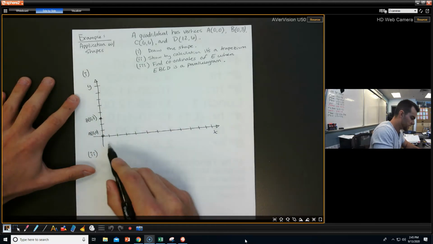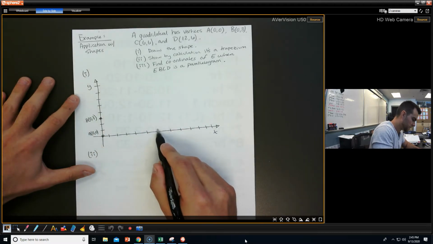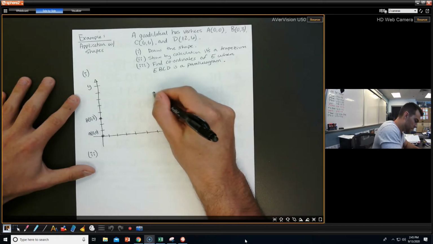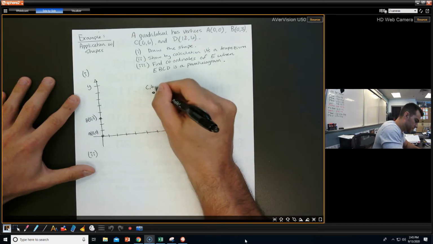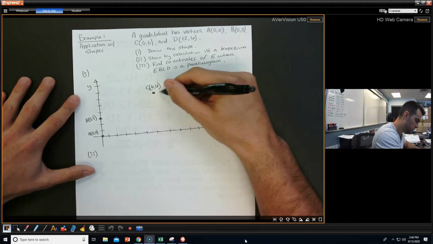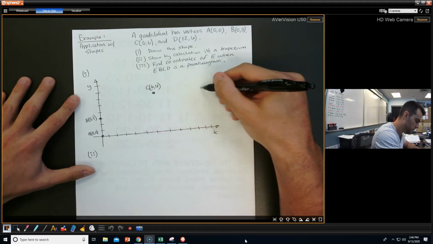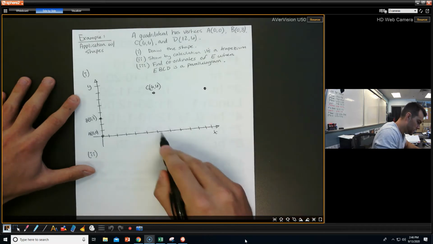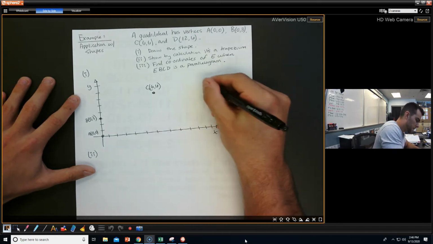We have C(6,6), there's 6, there's 6, right about there. And then D(12,6), so we just got to go over 12, all the way over here. 3, 6, 9, 12, okay.